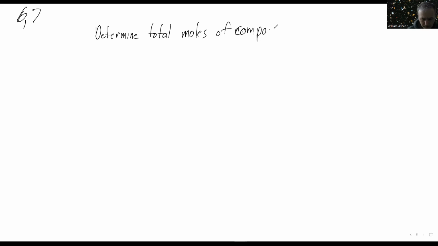And in general, what you do for 6 and 7 is determine total moles of compound, and then moles of the atom is equal to number of atoms times moles of compound.